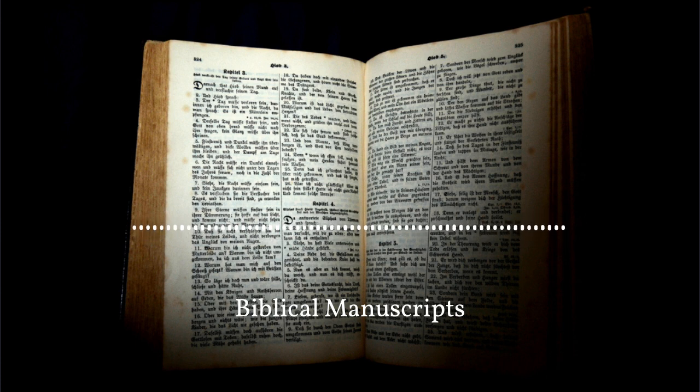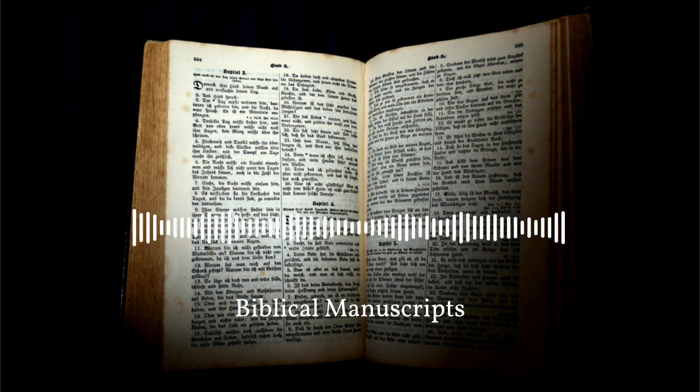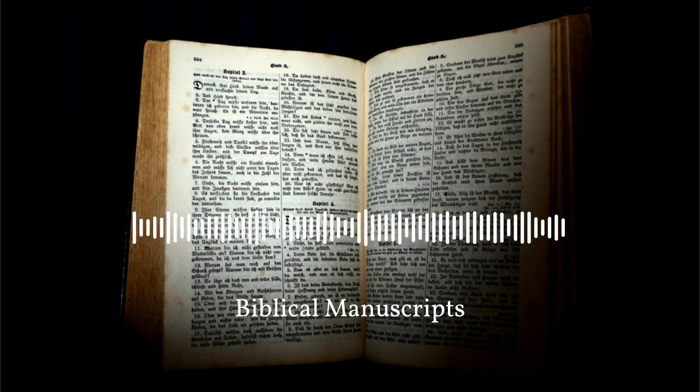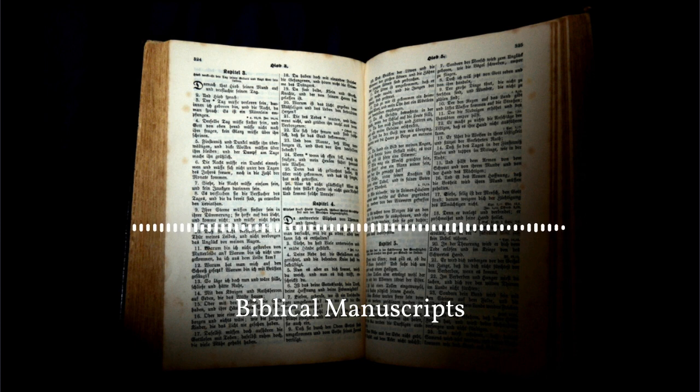Because it's from the Gospel of John, which virtually every scholar will agree was the last one written. And it's from about 125. Now, it's highly unlikely that this is a fragment of the original Gospel. It's highly unlikely that it's a 1st generation copy.